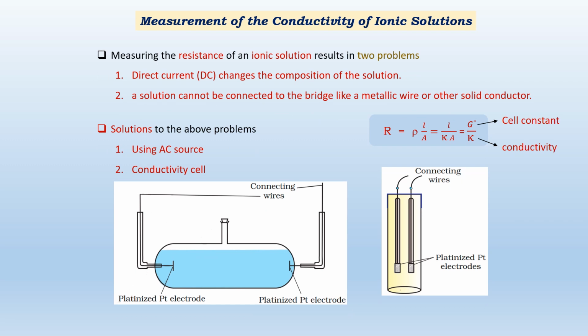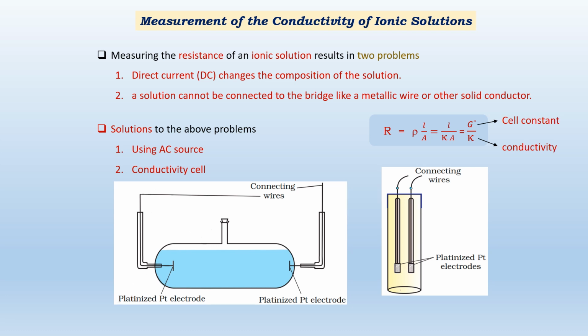Measurement of the conductivity for an ionic solution. If you want to measure the conductivity of an ionic solution, you will face two problems. First, if you use DC voltage across the solution, then the composition of the solution will vary. That is, the positive ion will move towards the negative electrode, and the negative ion will move towards the positive electrode.